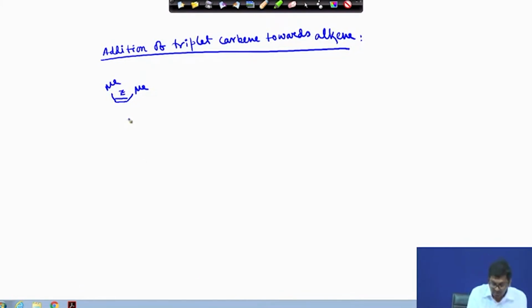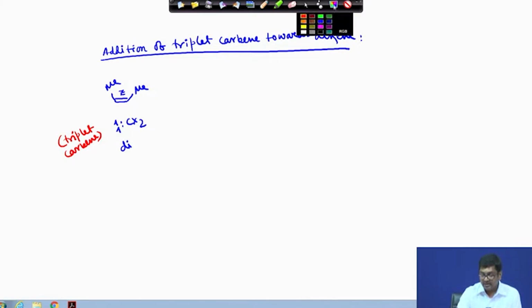Now, we have this triplet carbene. For better understanding I can draw it in this way; in brackets we write the triplet carbene.